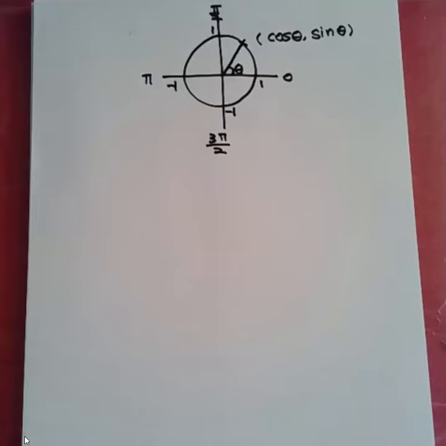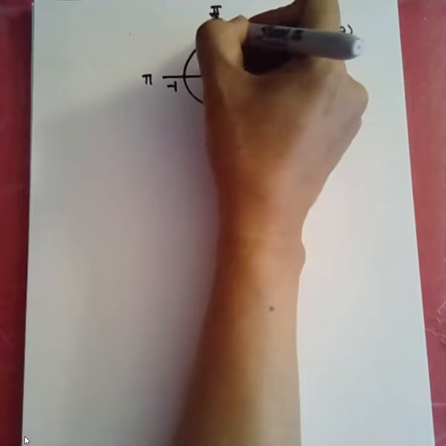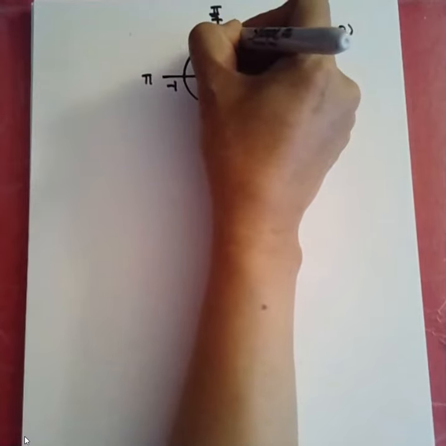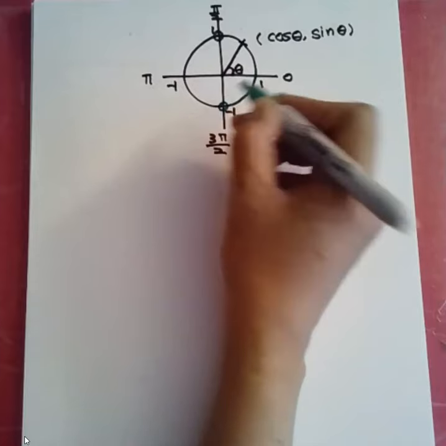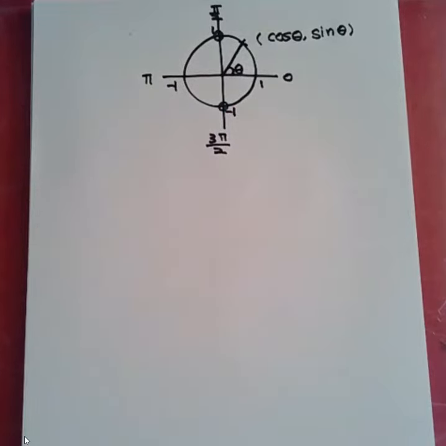What we know is tangent functions are undefined at odd multiple of pi over 2.